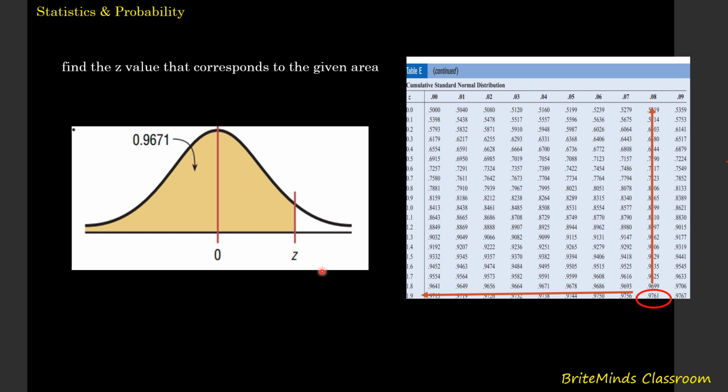So the z value that corresponds to the given area of 0.9671 is 1.98.